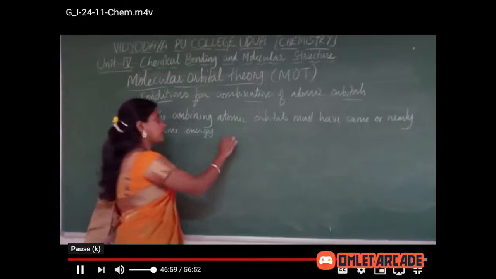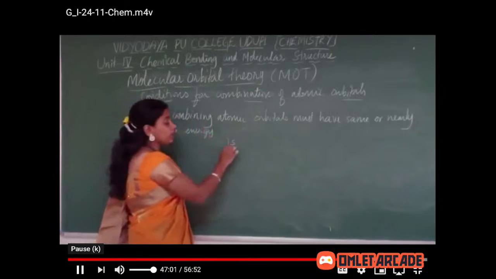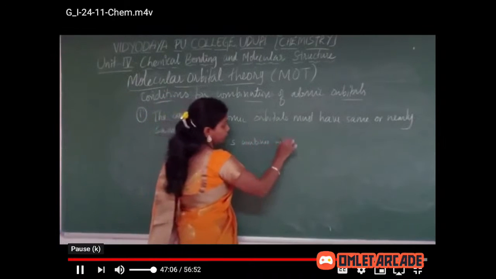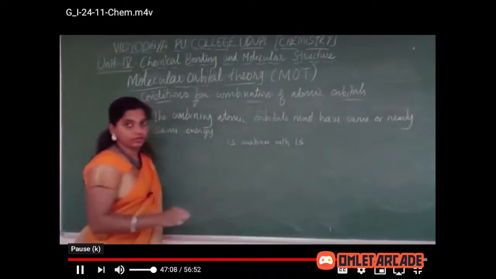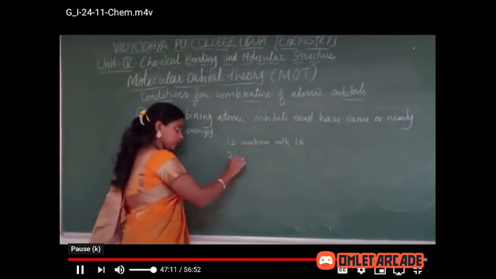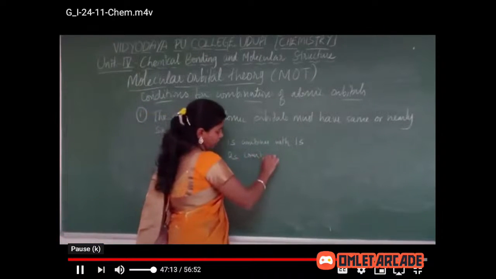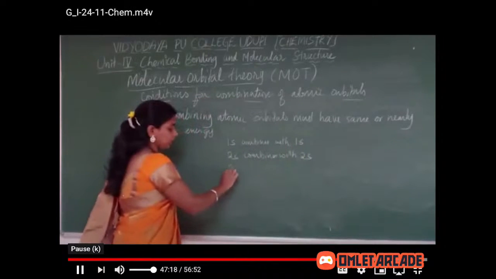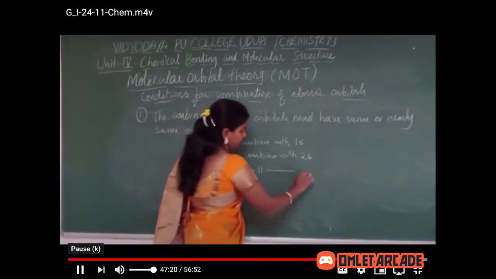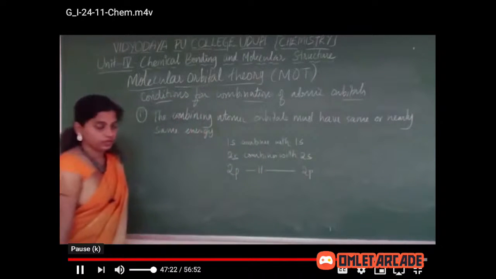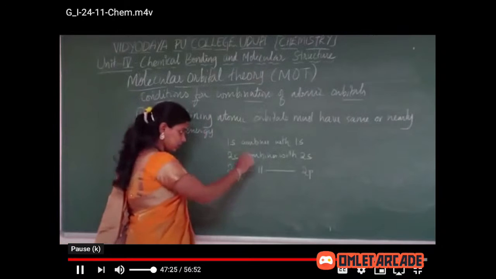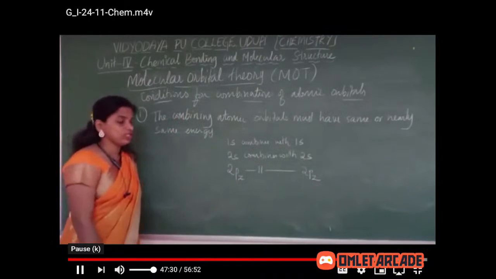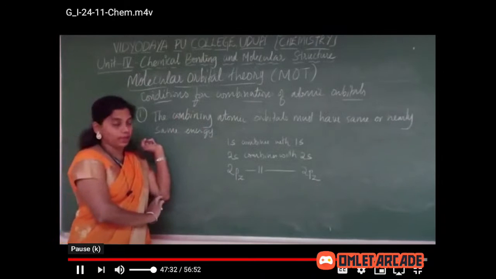It means 1s can combine with 1s orbital. 2s combines with 2s. Similarly, 2p will combine with 2p orbitals. It is 2pz with 2pz, 2px with 2px, 2py with 2py.